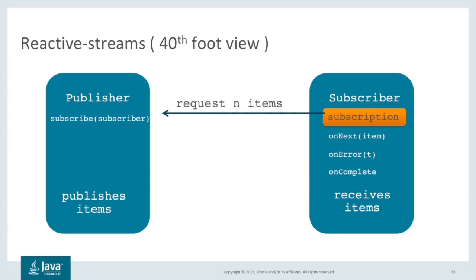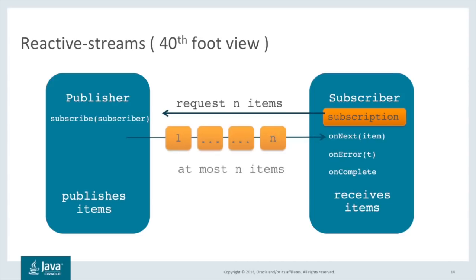For example, using this subscription, the subscriber can request a number of items from the publisher. The publisher can then publish at most that number of items by calling the subscriber's onNext method n number of times, each with a single item. This request mechanism provides the subscriber with back pressure, since it is in control of the maximum number of items that may be sent to it.